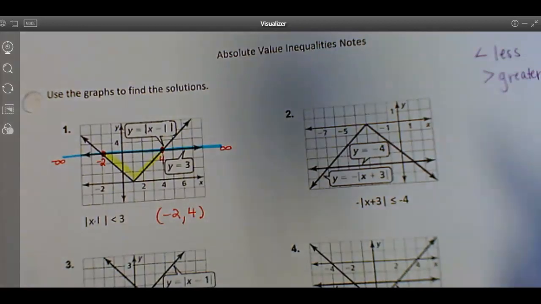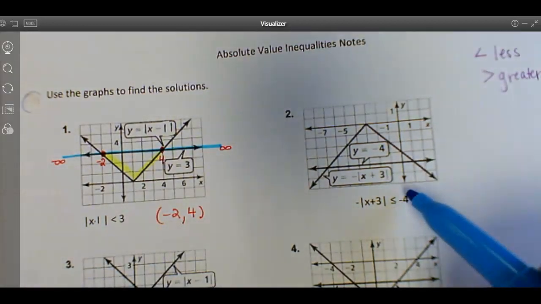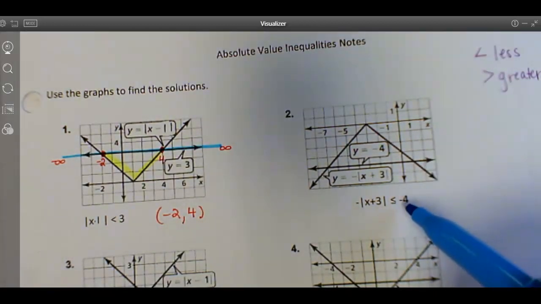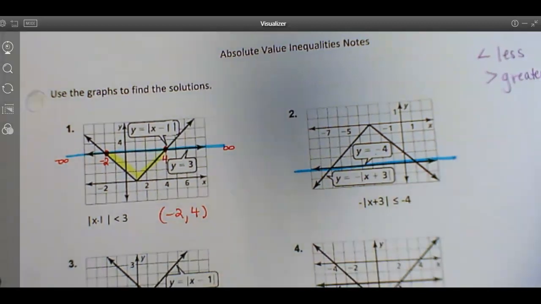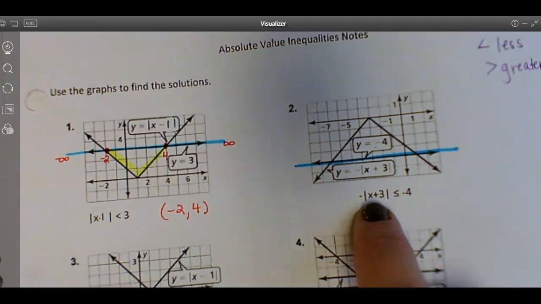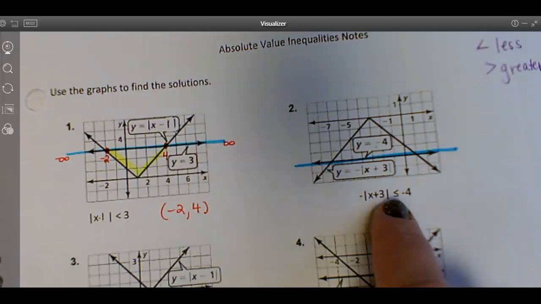Alright, I always start off with whatever it's talking about over here, which in this case is the negative 4. So I'm going to highlight that negative 4. It points at that line and it shows me that that's the negative 4. And the question says, where is the absolute value less than or equal to negative 4?